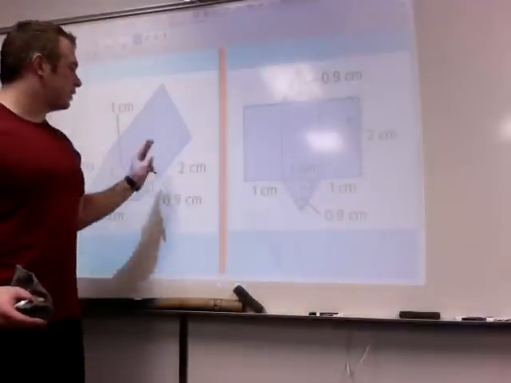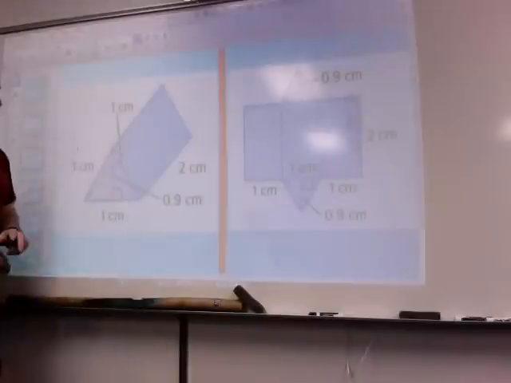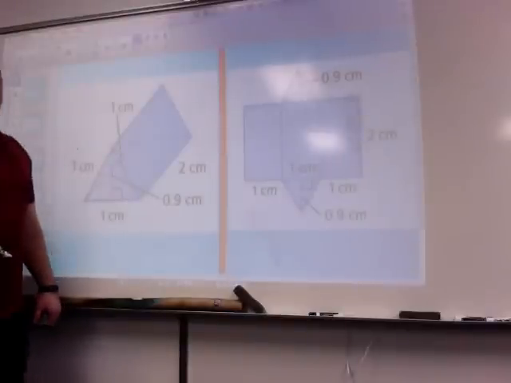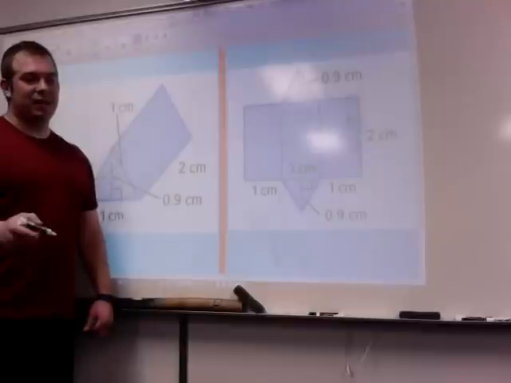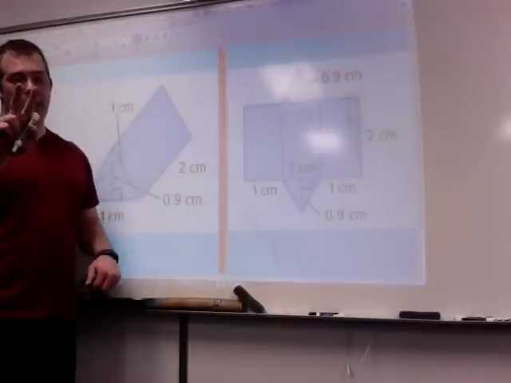There's your two bases. A lot of times you're going to see it like this. Let's find our base. Now remember, to find the area of a triangle, it's half base times height, or base times height divided by 2.